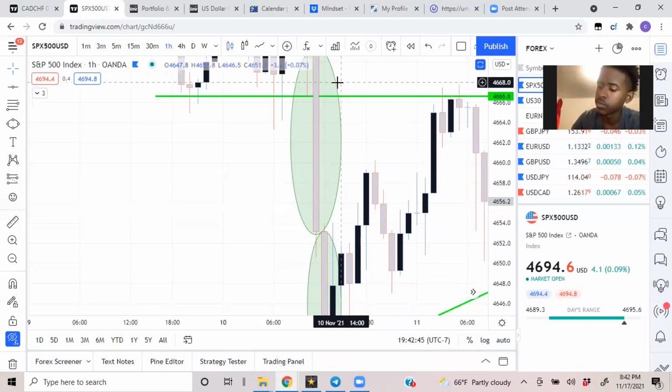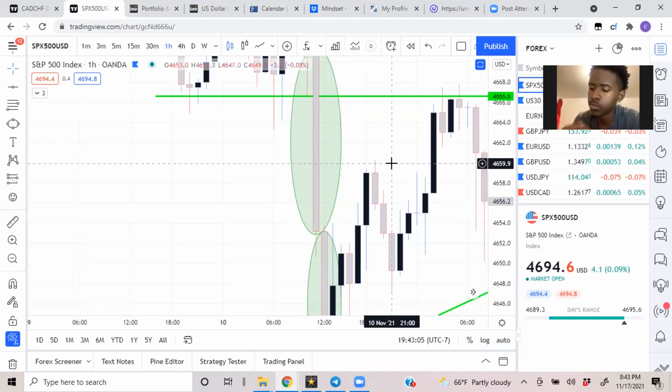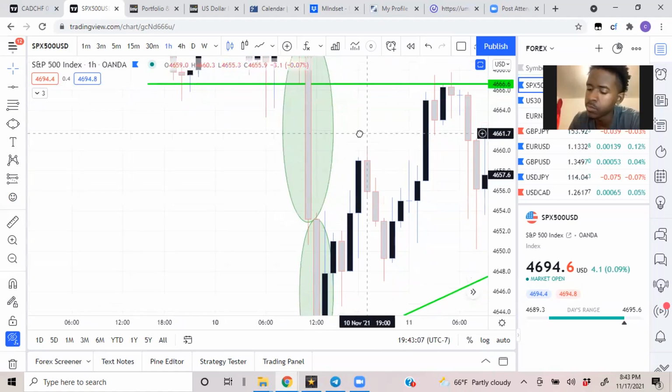So you may think that it's going to sell down, and you enter the trade too early, and then it buys all the way back up from where it sold off, and now you are out of profit because you thought it was going to sell off and you entered too early, but it was just a fake out. So that's why it's very important to wait for the break and the close.